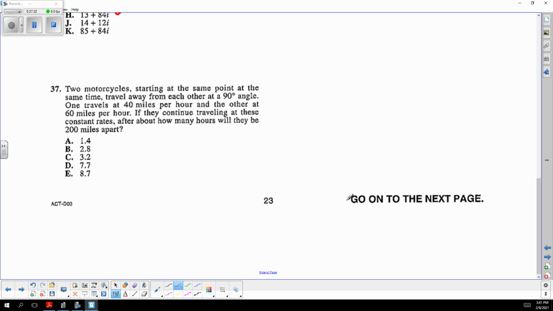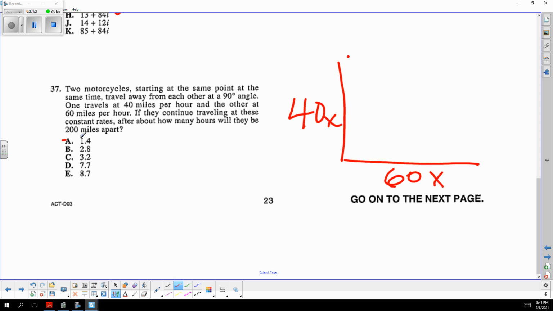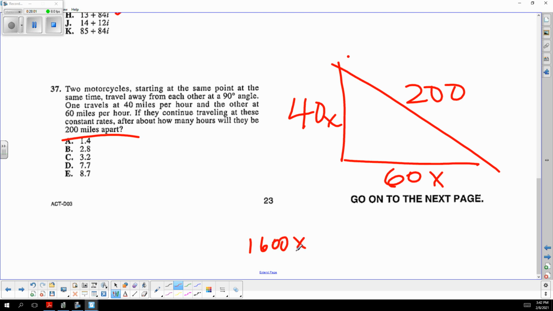37 is Pythagorean theorem. One travels at 40 miles an hour. They're traveling at a 90-degree angle. So this one's going to go at 40 miles an hour. This one's going to go at 60. But we don't know how many hours, so I'll give it an x, and it's how long till they're 200 apart. So I actually did Pythagorean theorem here. It's 1600 x squared. I have to square all the sides.